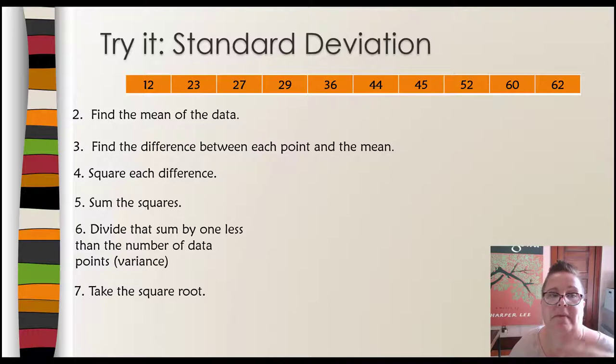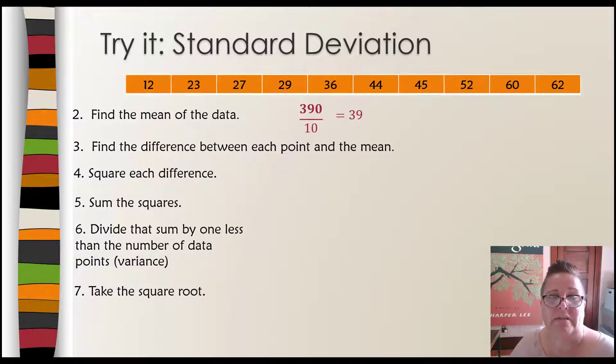In order to find the mean, I need to add up the 12, the 23, the 27, 29, 36, 44, 45, 52, 60, and 62. If I add all of those up, I get a total of 390, which I then need to divide by the number of points in this data set, which is 10. Okay, done. 390 divided by 10 is 39. I now know that the mean or average for this data set is 39.